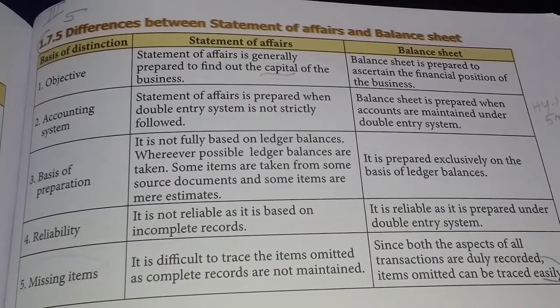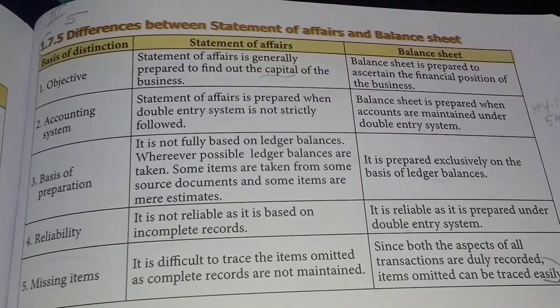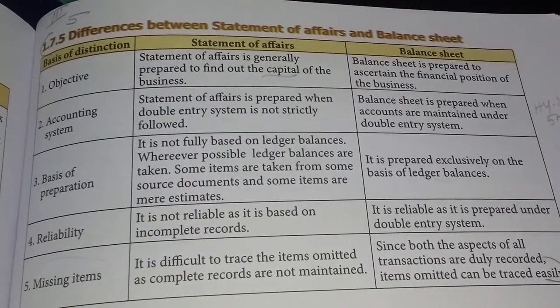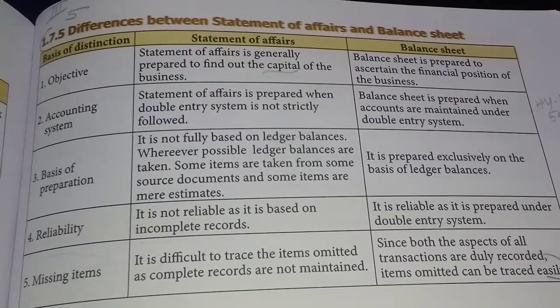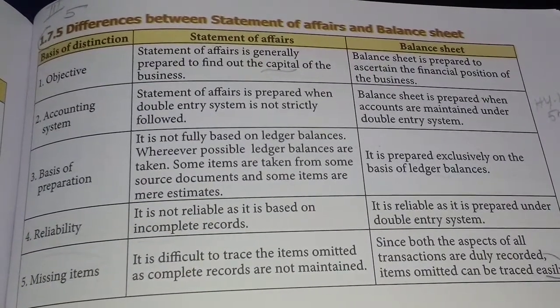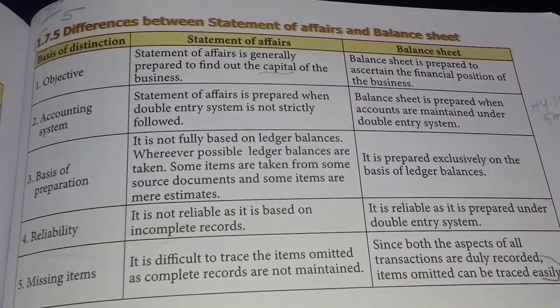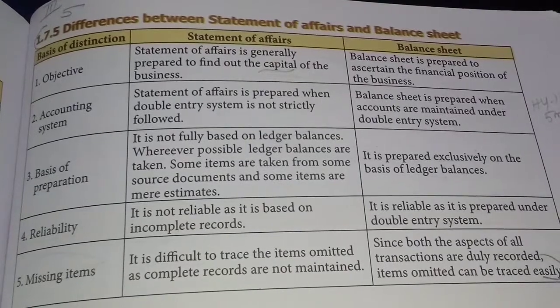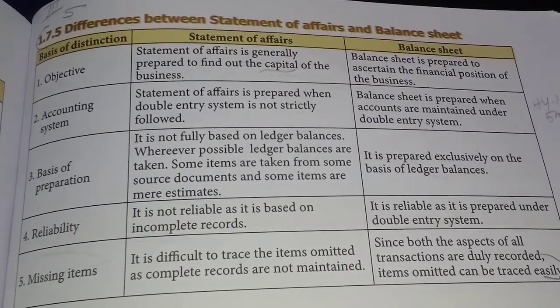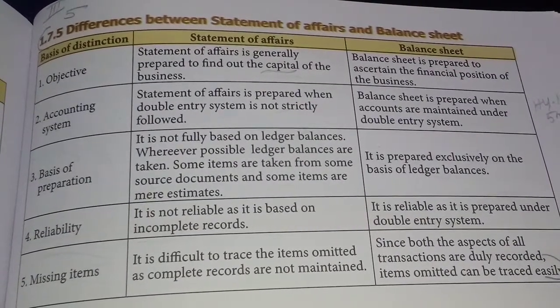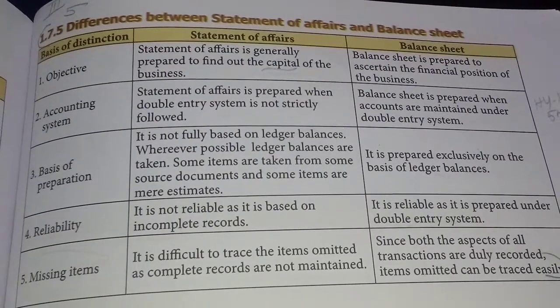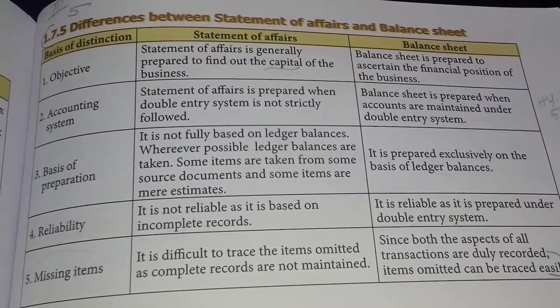Next, the second point is the accounting system. Which accounting system is followed in the statement of affairs? In the statement of affairs, we do not follow the double entry system, but in the balance sheet, we follow the double entry system. As per the double entry system only, we prepare the balance sheet. The basis of preparation.